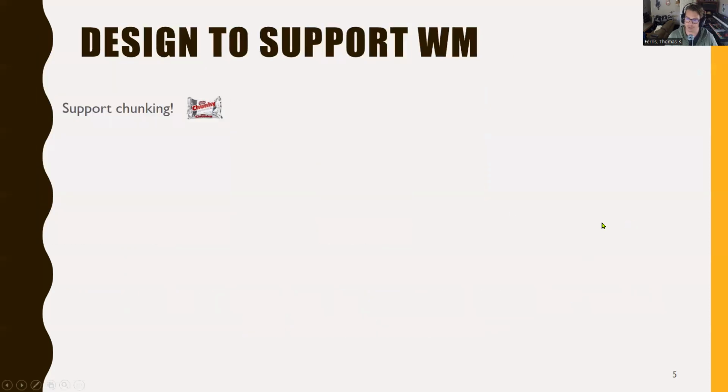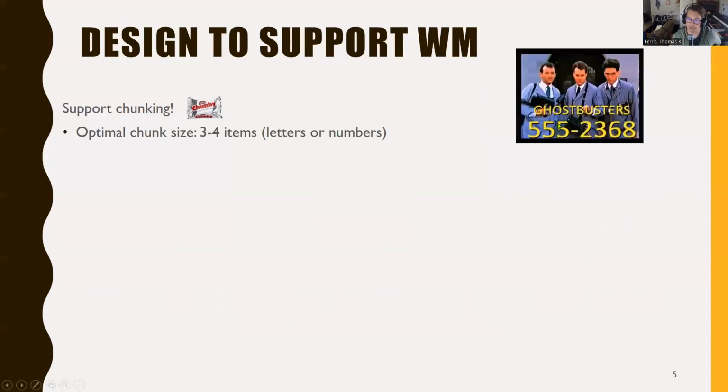So, phone numbers, typically we will report them in groups of 3 and 4. Similarly, our social security numbers or federal IDs, student IDs, they tend to be grouped in numbers. And that's easier to remember than 7 items.